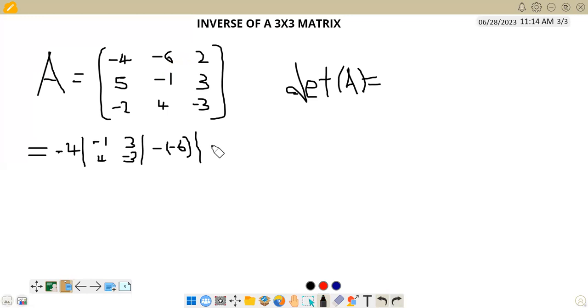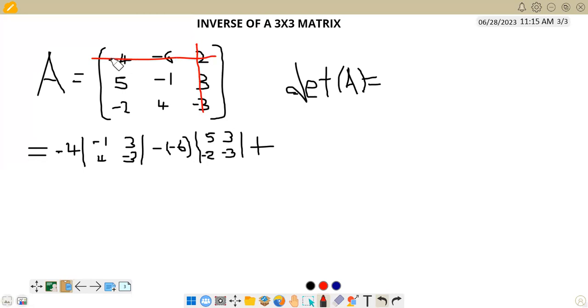So let's write down. We have 5, 3, then negative 2, then negative 3. Then we are plus. When we're adding, we have this one, we have 2. This 2 is in row 1, then column 3.